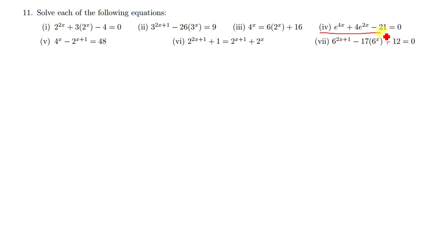I think when I solve this one, then I'm done, because this part is similar to this part, and it's also similar to that part. So I don't think there's any need for me to solve these questions. You can solve them on your paper and then submit if you are doubting your answer.